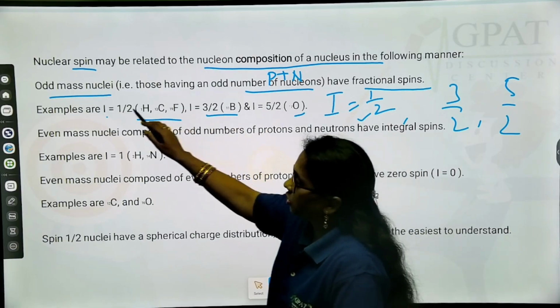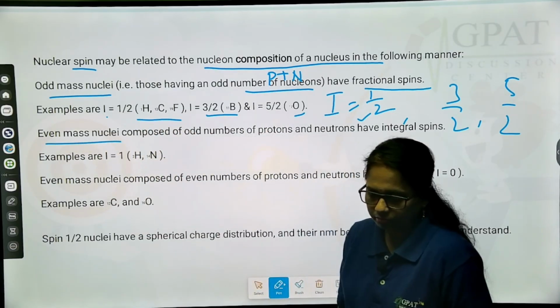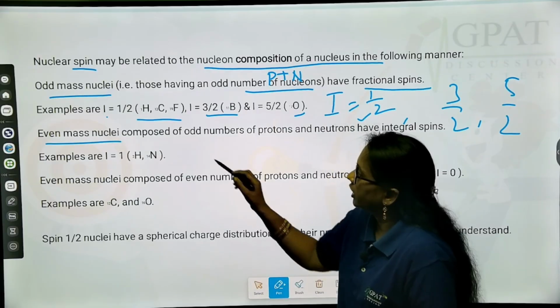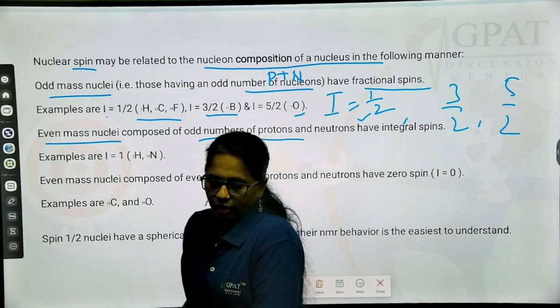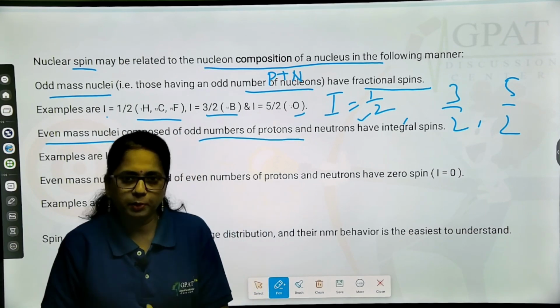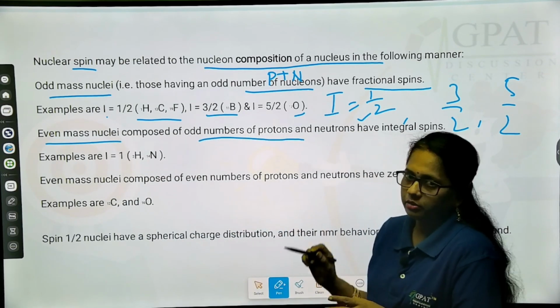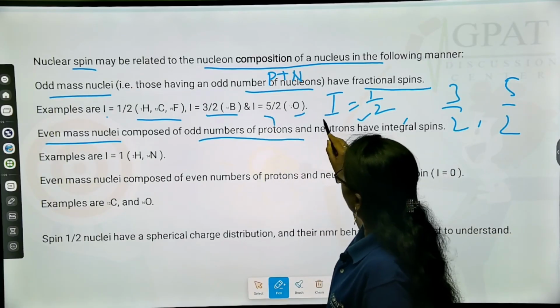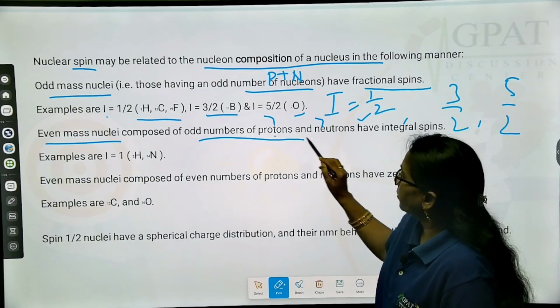So this is related to the odd mass nuclei, whereas even mass nuclei. Even mass nuclei means what? It is composed of a combination of protons and neutrons that is even in total, but any one of them is going to be odd. So if you take 7 protons and 7 neutrons, the total will be 14, but there are odd protons and odd neutrons.